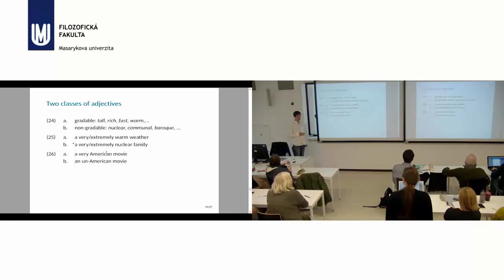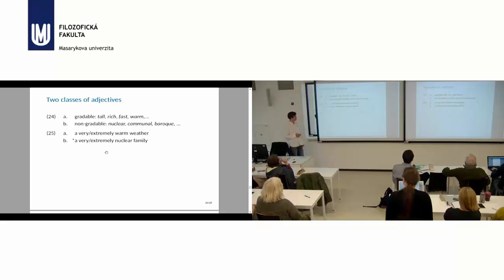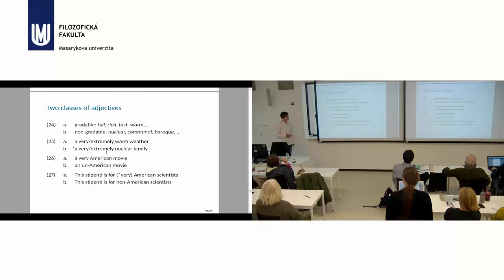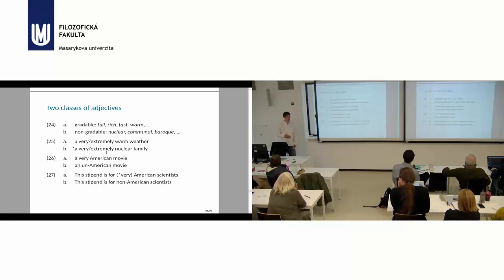That's the way I've seen that described. And there is apparently a difference if you use a non-gradable version of the adjective American. So you can say, for example, this stipend is for American scientists. In this context, it's distinctly odd, in my English judgment, to say this stipend is for very American scientists.